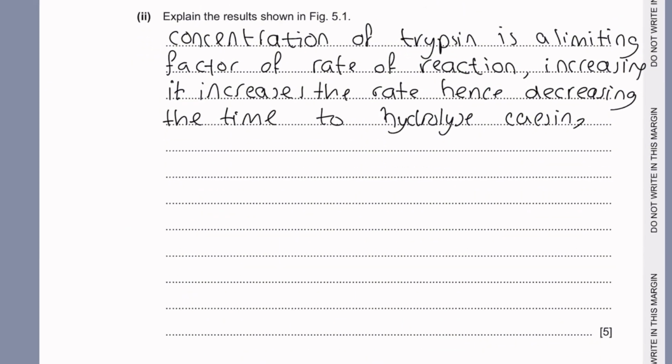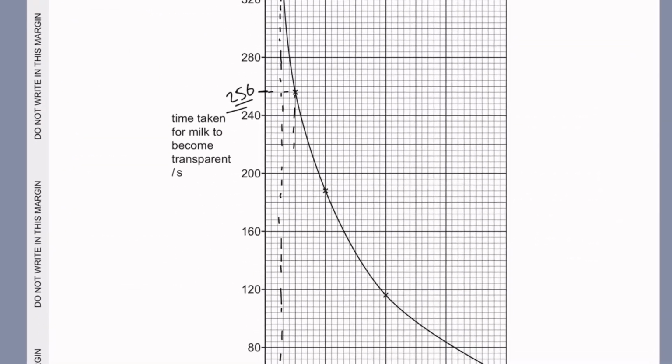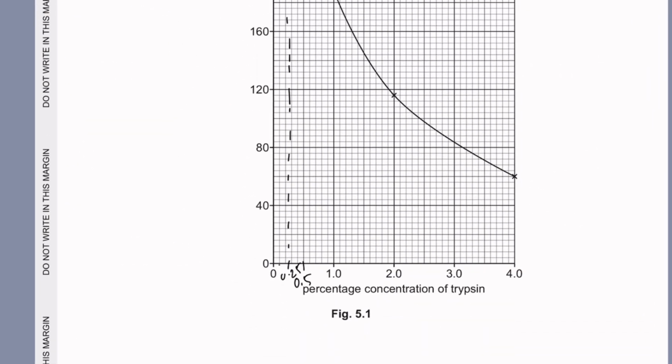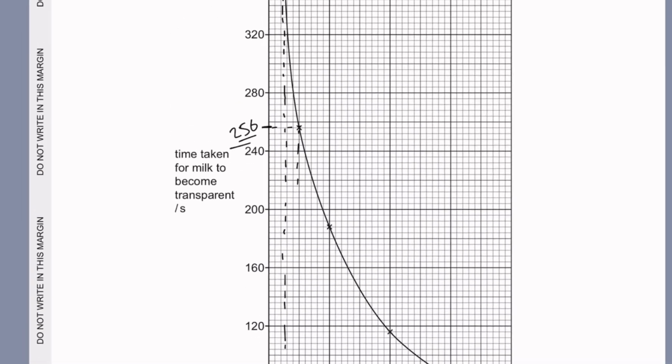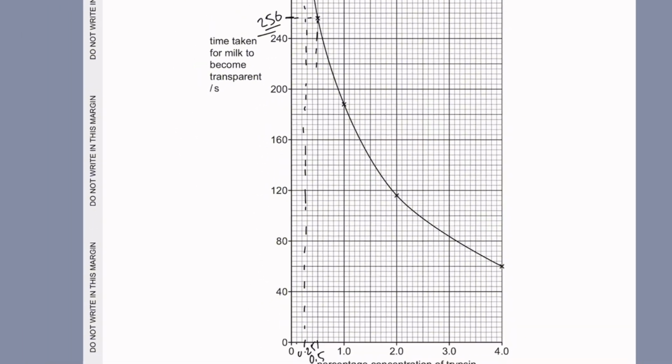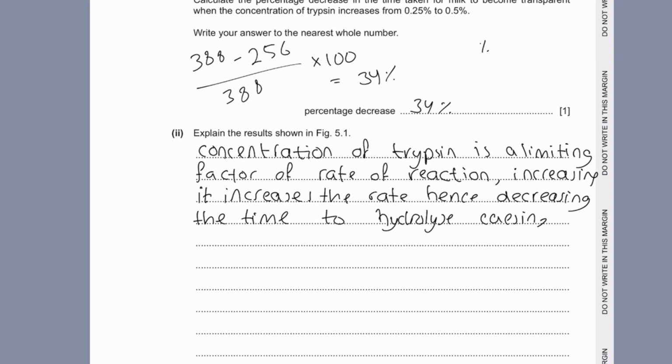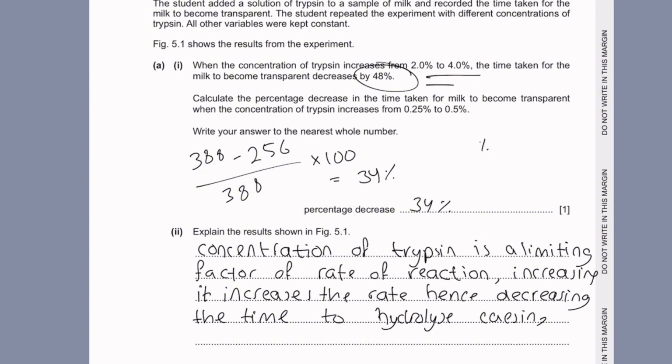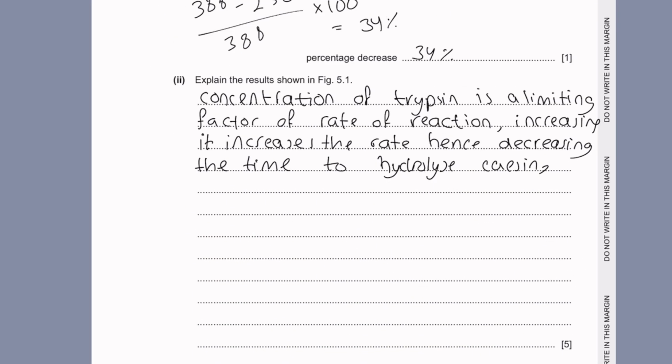Okay, and obviously to explain the results, time taken for milk to become transparent, percentage concentration of trypsin. You could see how we could list some results, like for example here that's given to us.